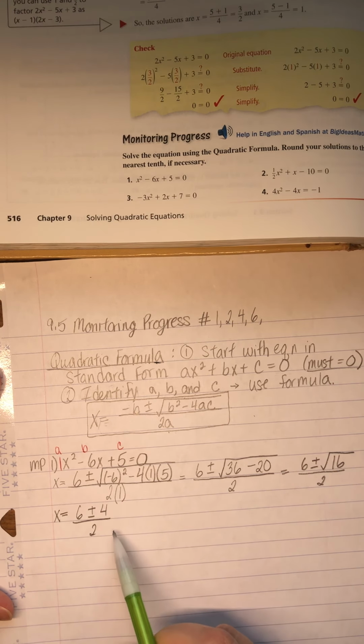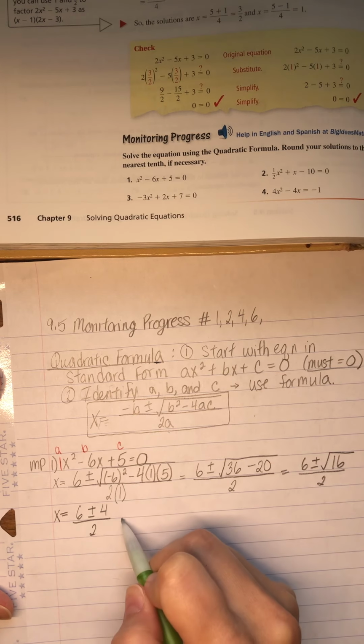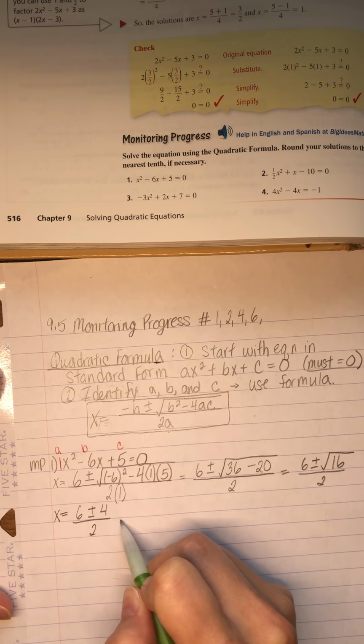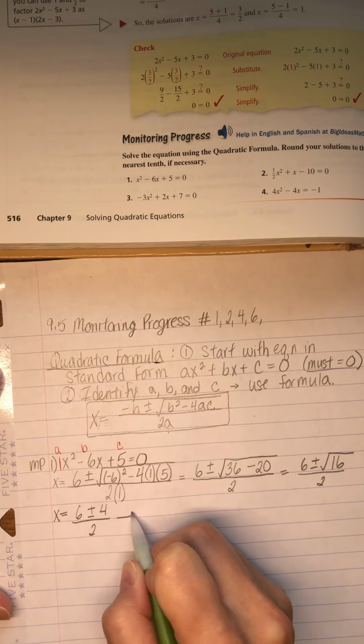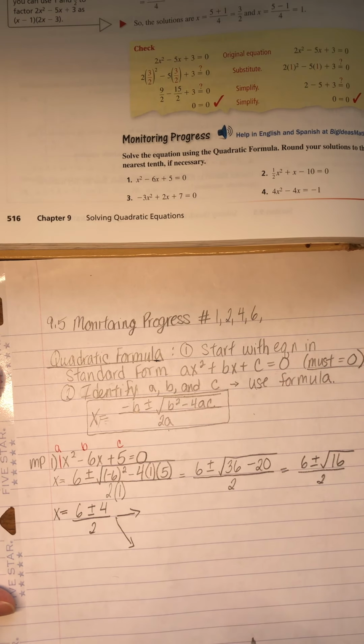Now here we need to make sure that we remember this is 2 separate answers. So this is really 6 plus 4 over 2 and then 6 minus 4 over 2. So you can set it up however you like. I like to draw it and signify that there are 2 separate answers. So I'm going to go like this and show my 2 separate answers.